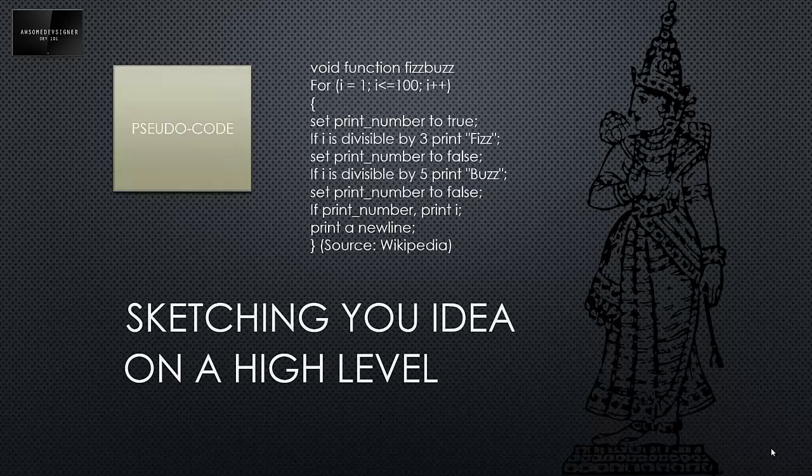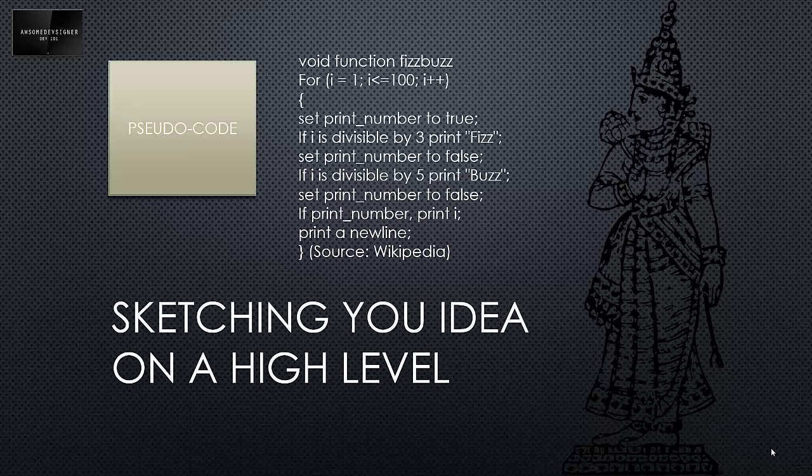So let's see what pseudocode looks like. Please don't be afraid of this little bit of code here. You don't have to remember it. It's just to show you how a piece of pseudocode actually looks.